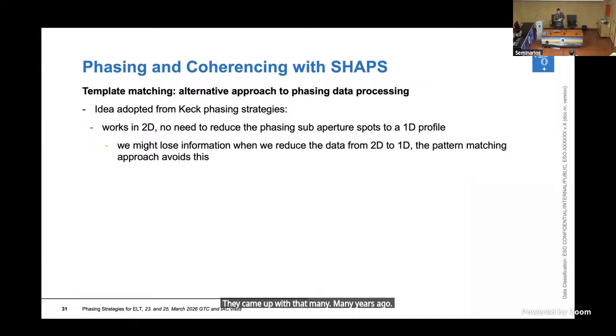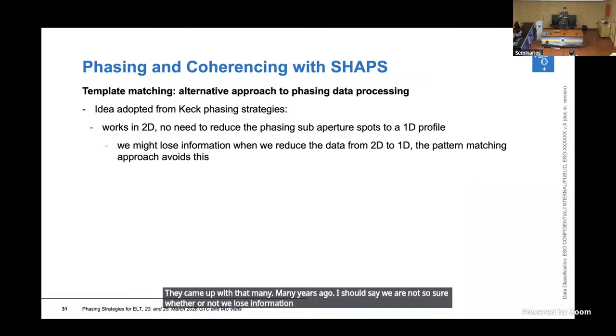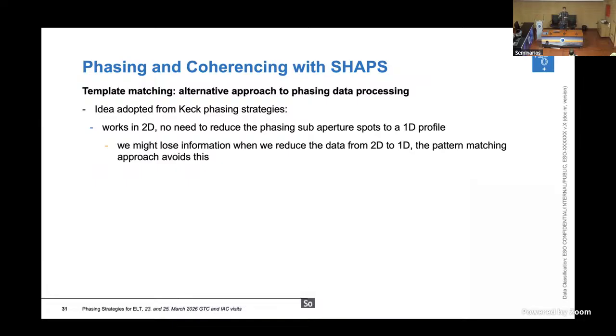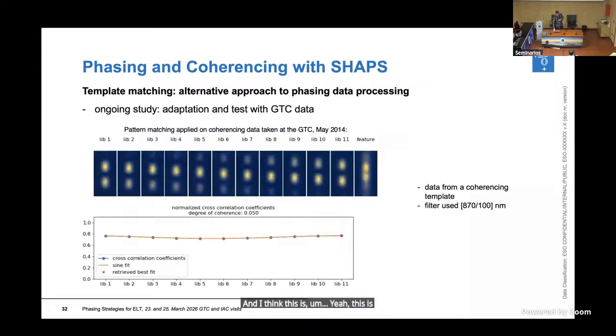I should say we are not so sure whether or not we lose information when we collapse this 2D to a 1D profile. So therefore, this approach is appealing because you stay fully in 2D. And I think this is more robust, I would say.